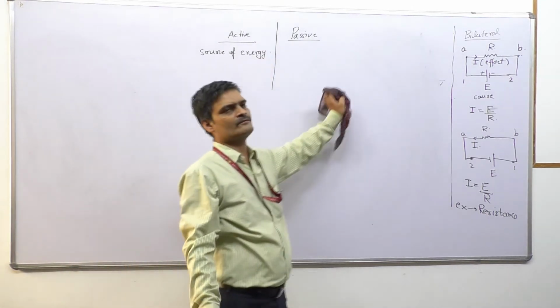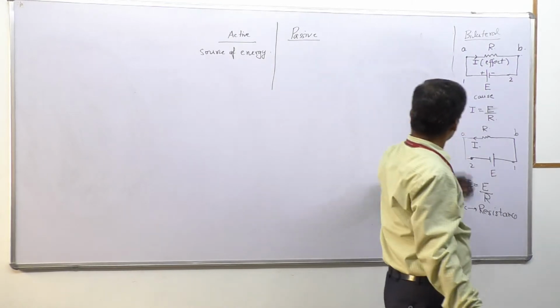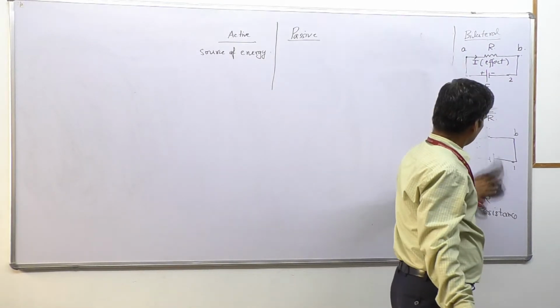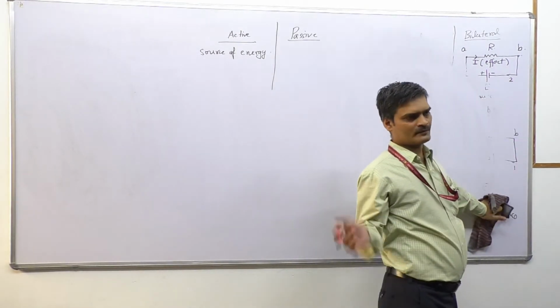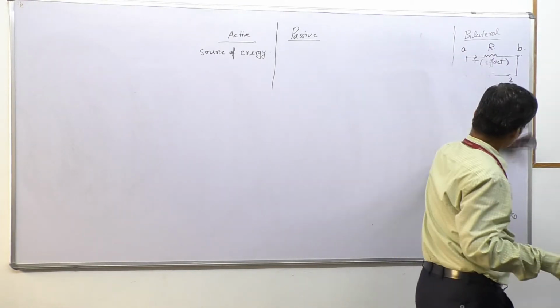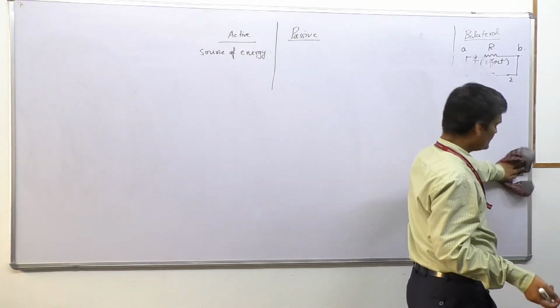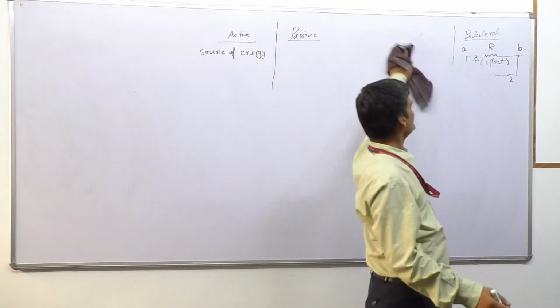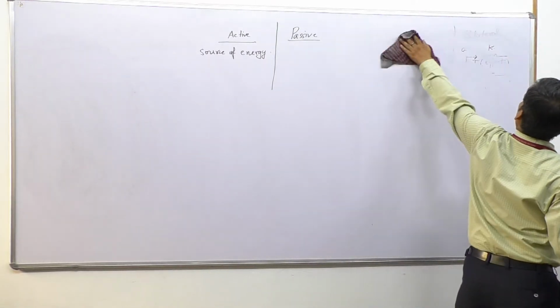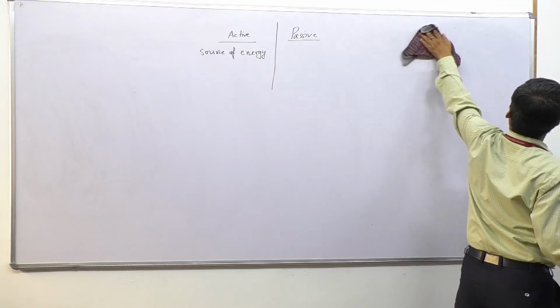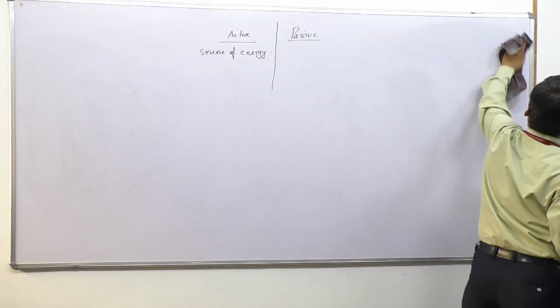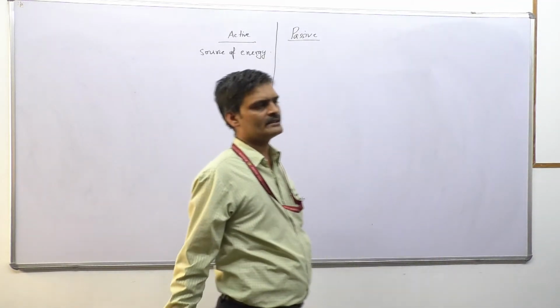What are the kinds of sources of electrical energy? We have a battery as a source of energy or a source of voltage. We can have a cell as a source of energy. We can have a DC rectifier output as a source of electrical energy.